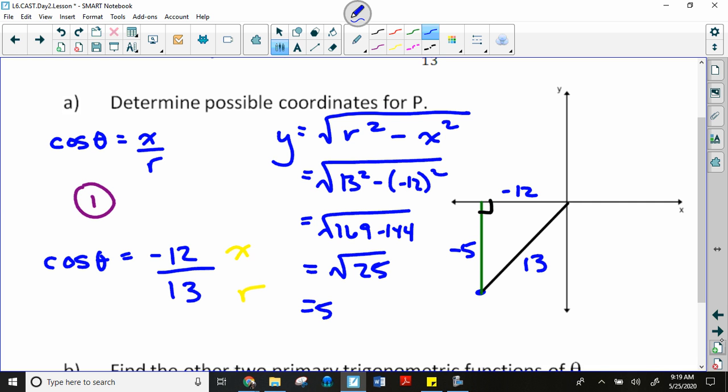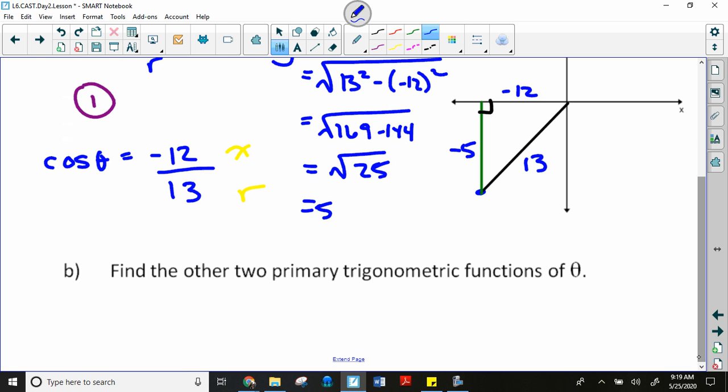Then find the other two primary trig functions. Here we want sine of theta, where there's our related acute angle and there's theta. Sine is opposite over hypotenuse, negative 5 over 13.